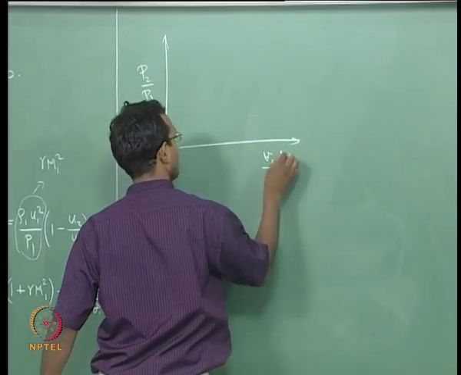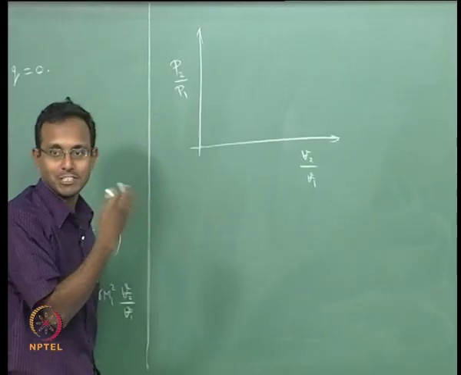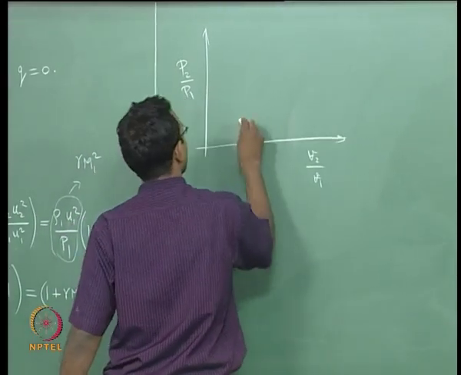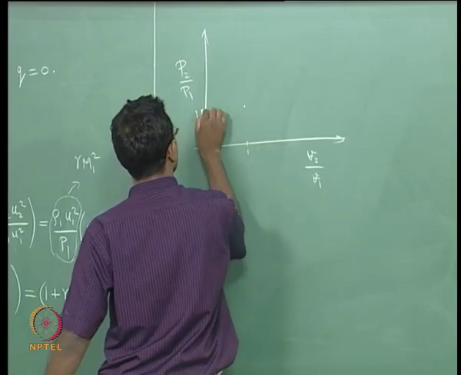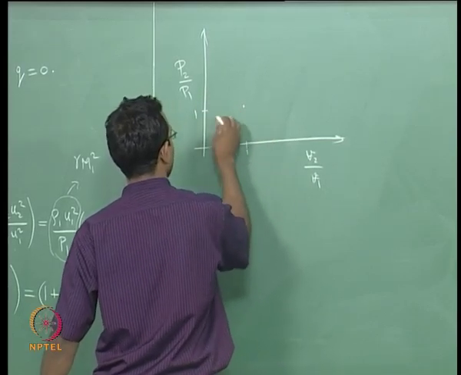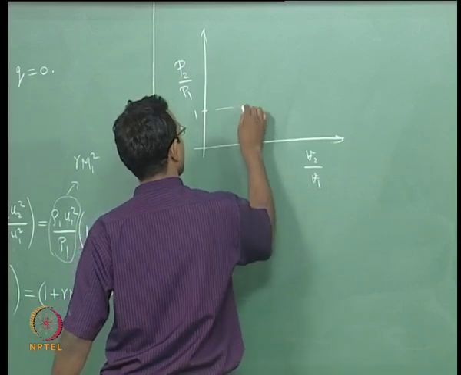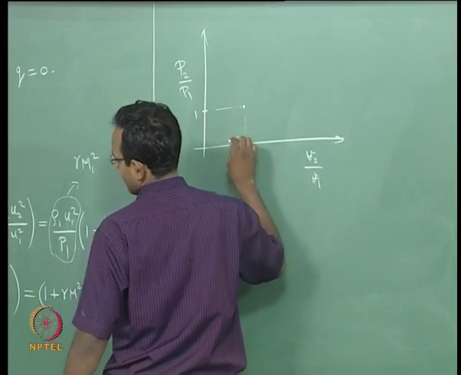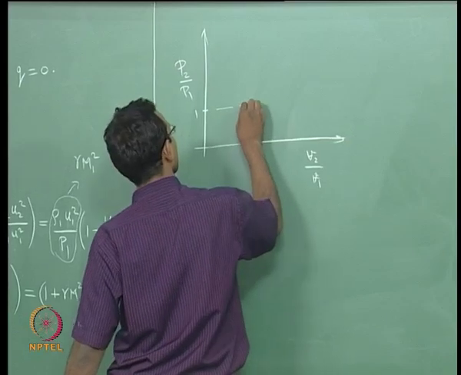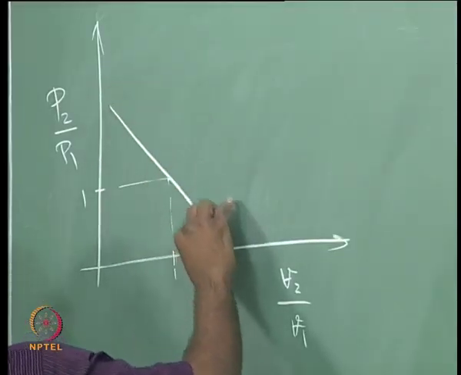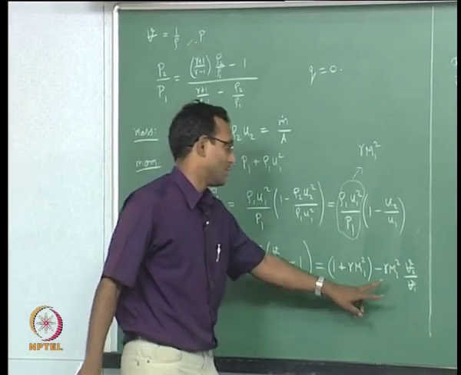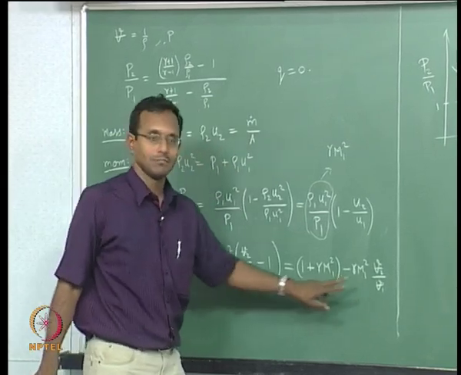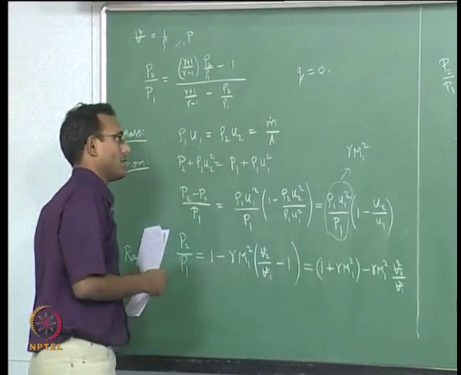I am normalizing with the initial pressure, and let us say this is my 1 and 1, which is the starting point P1 V1. From here I am going to go to some curve like this. That particular curve corresponds to some m1 value, that is all it is going to be.